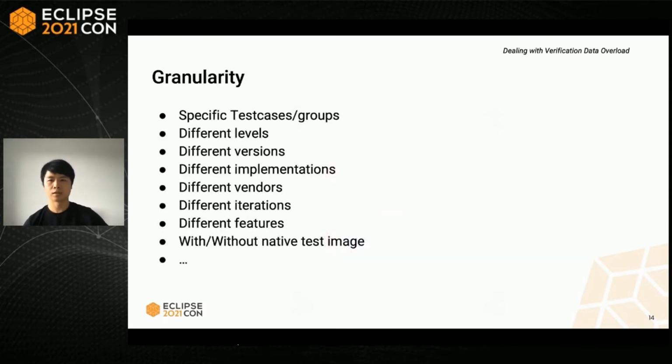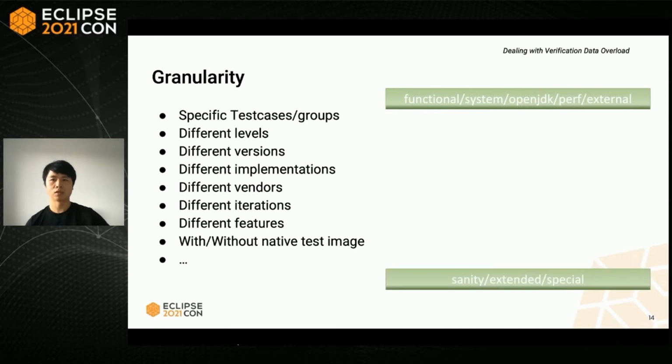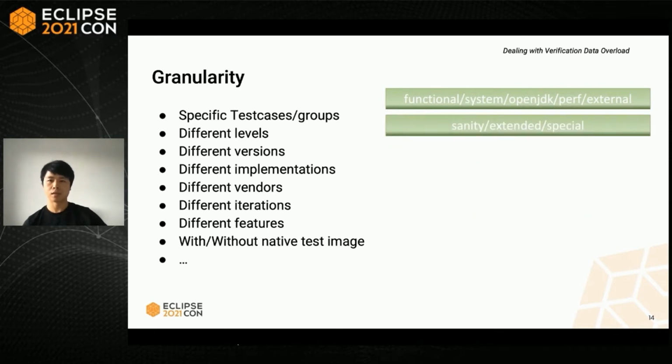As Shelley has talked, we need to categorize the massive amount of tests into different levels of granularities. The system should allow us to specify test case names and test case groups, such as the functional, system, and so on. And we should be able to specify different levels, such as sanity, extended, and special.